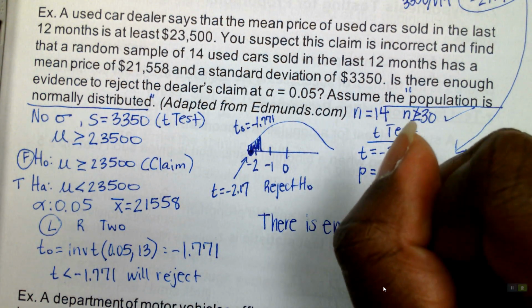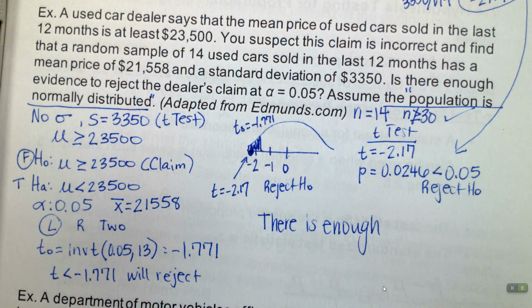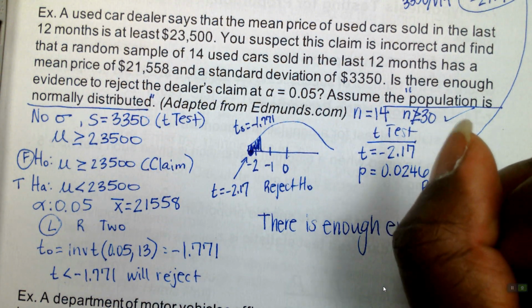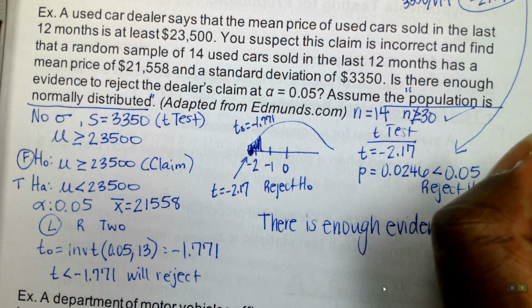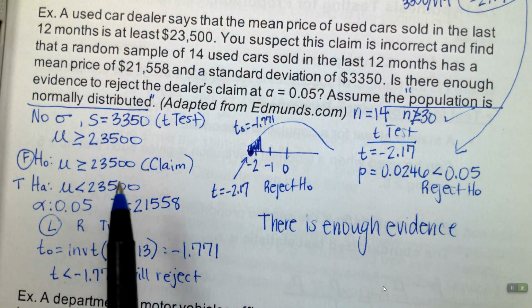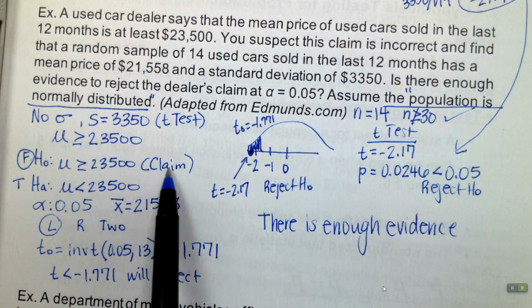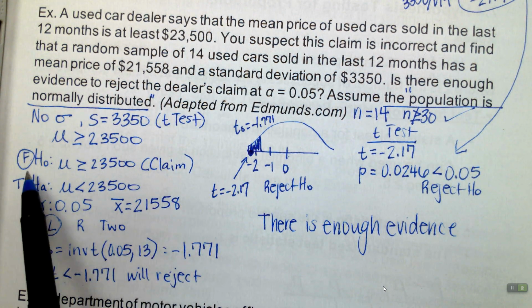So don't forget, the H0 as a claim has a negative connotation, so we reject here and then we accept here. So we're looking to reject. We're looking for it to be false.